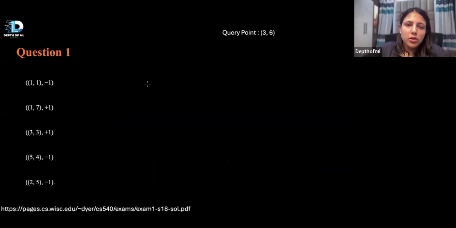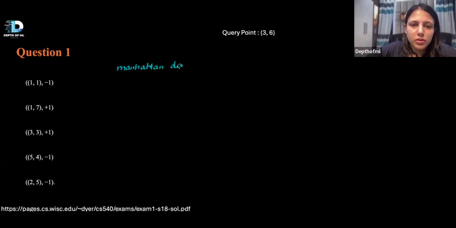So this is your query point 3, 6. First of all, we'll compute the Manhattan distance. The point I have is 1, 1. So I'll do 1 minus 3 and take the absolute value of that, and 1 minus 6, I'll take the absolute value of that.